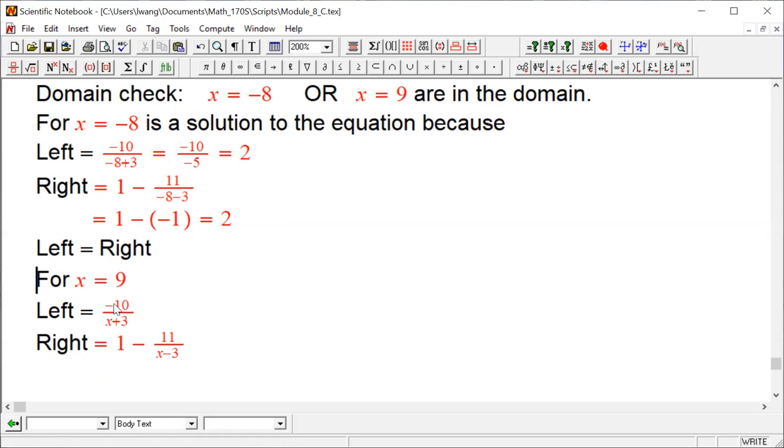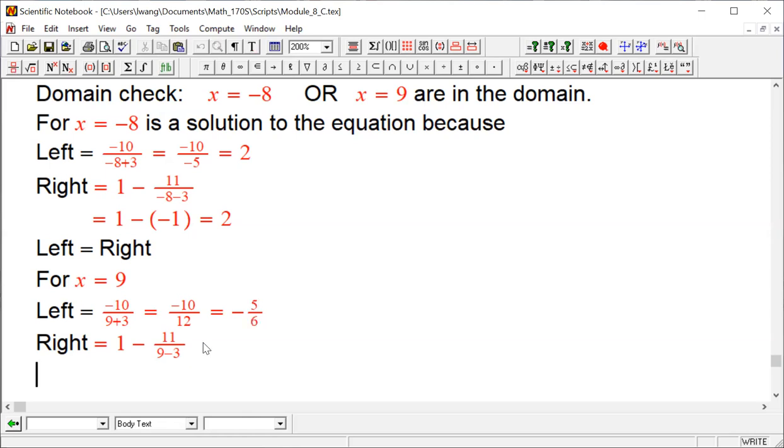For 9, we're going to do the same thing. 9, check. Okay, so this is going to be 9. Over here, we're going to have -10 over 12, and that equals -5 over 6.